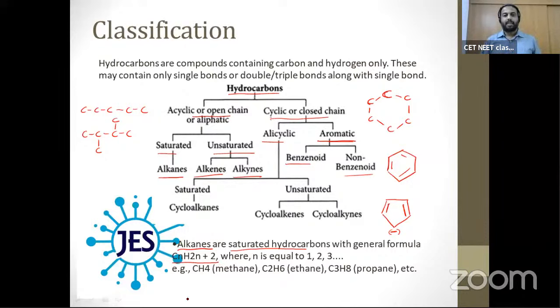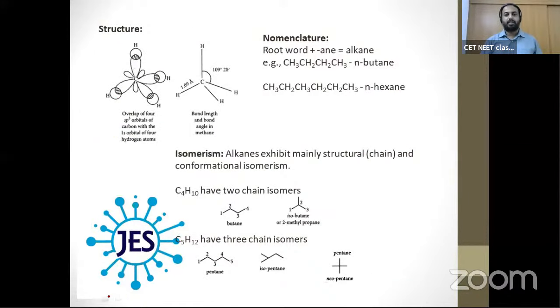Okay, next. That is about the introduction part. Let's check out next, related to structure. Now alkanes have carbon atoms with sp3 hybridization. See, this is sp3 hybridization. Let me mark it.